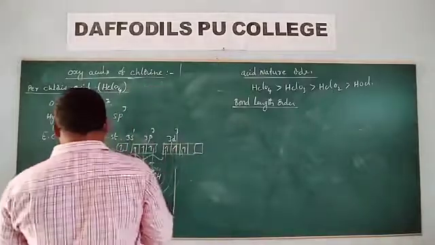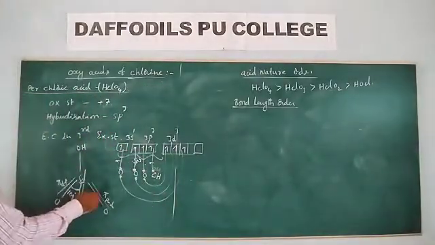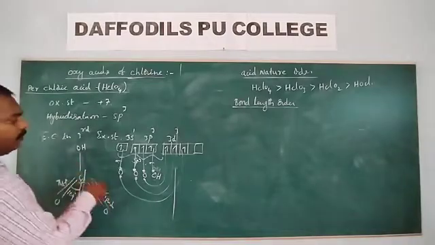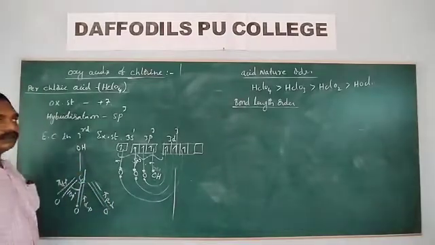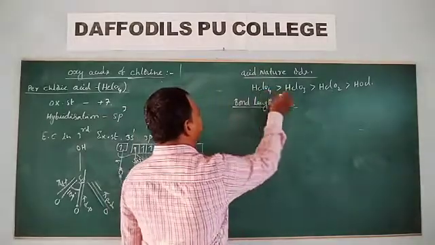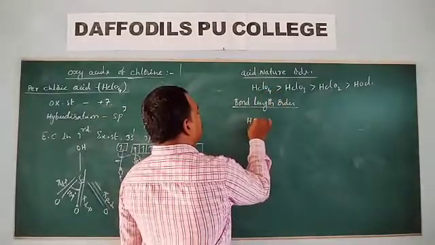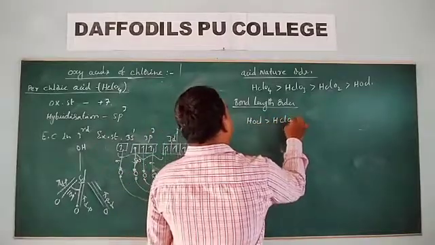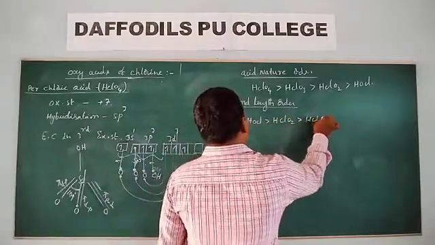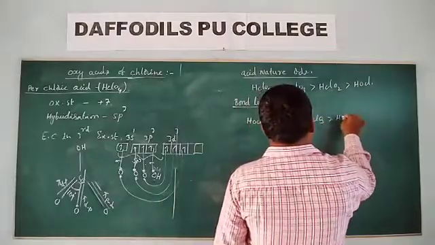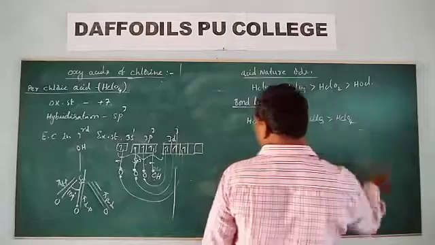Here we see 4 bonds, so the least bond length is in HClO4. So the bond length order is HOCl greater than HClO2 greater than HClO3 greater than HClO4.